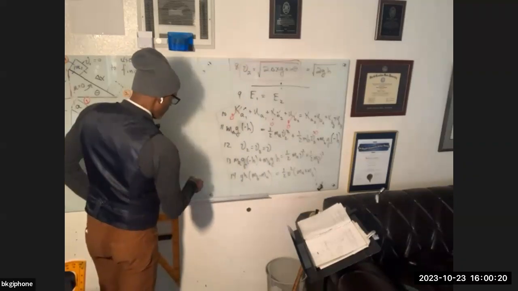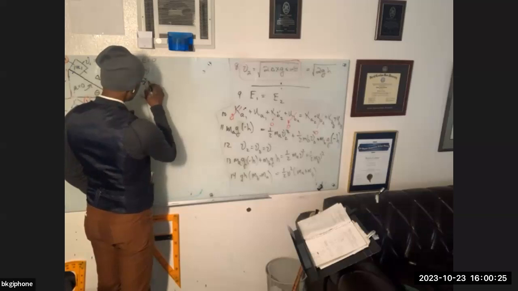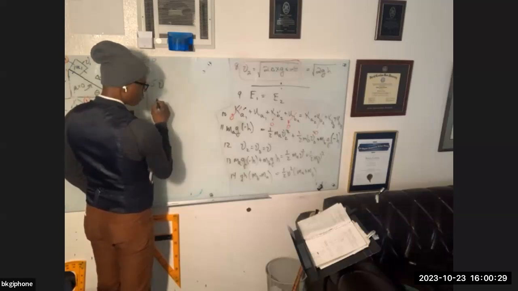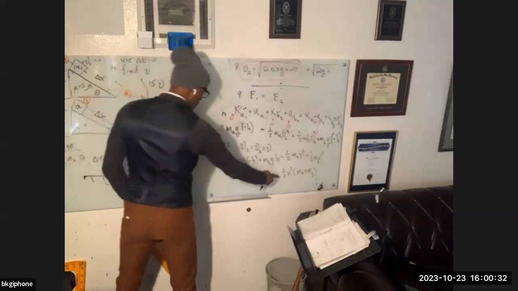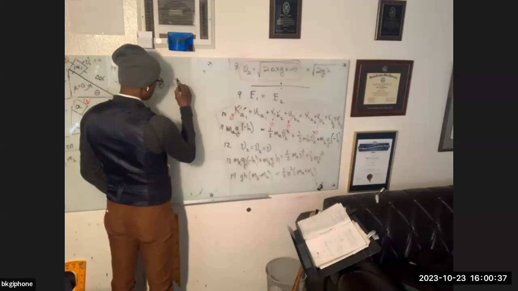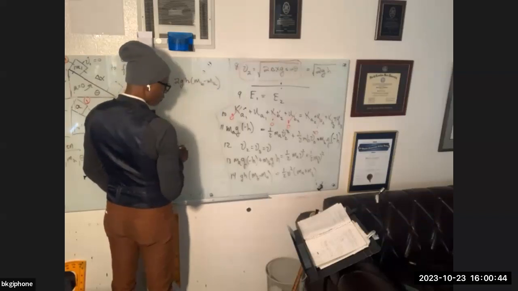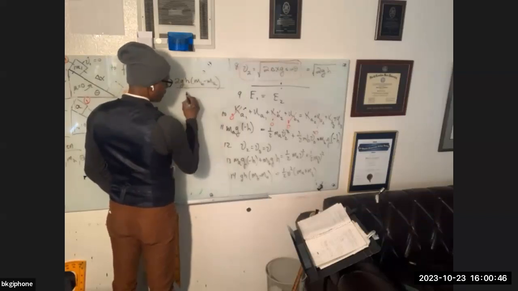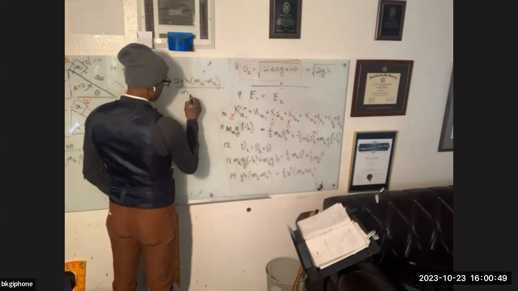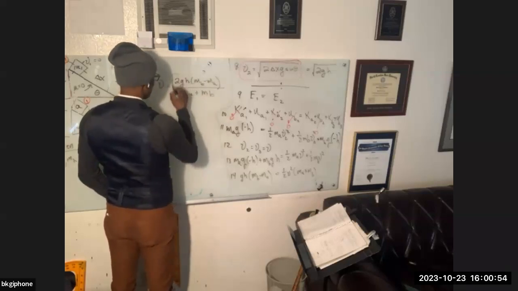So now then v is going to be equal to, if I take the 2 over on the other side, v is equal to 2 g h, m_B minus m_A over m_A plus m_B, and then the square root of that.